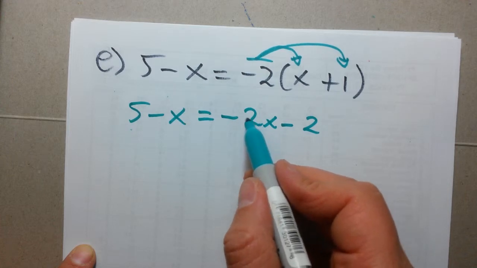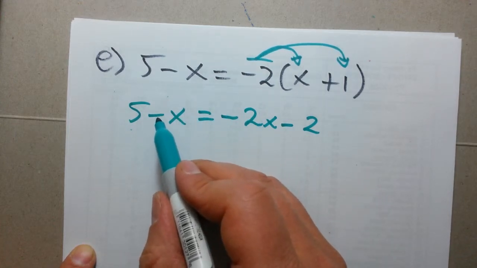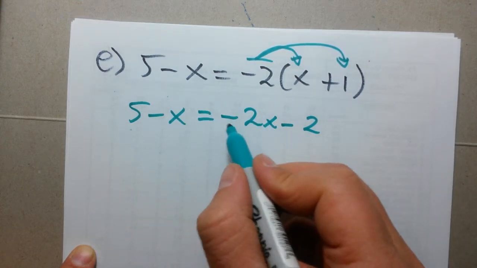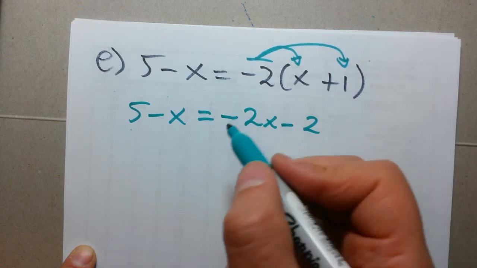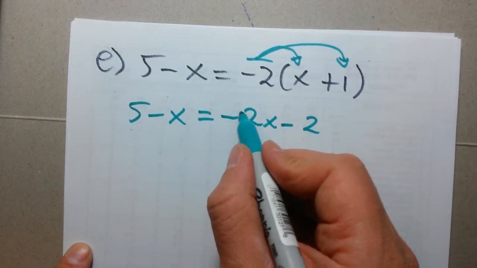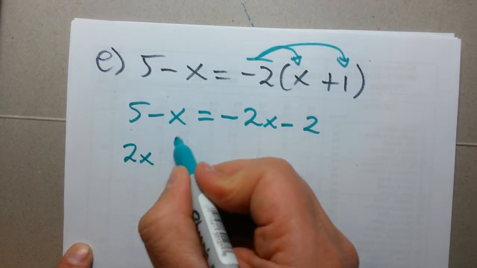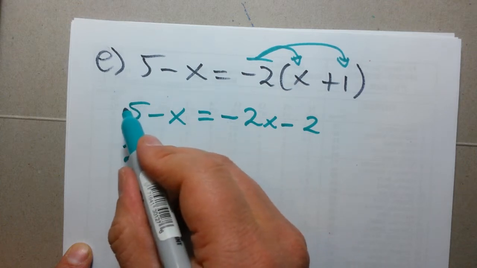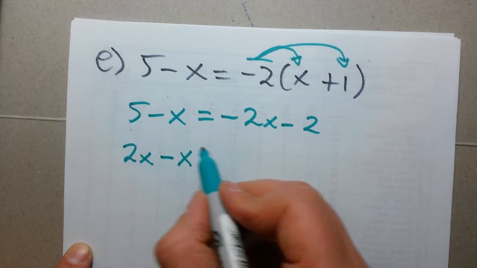Let's start moving all the x's to one side of the equal sign. Let's leave them on the left side. By the way, you can also leave them on the right side, but if you want to be consistent, I prefer the left side. Negative 2x moves to the other side, it becomes positive 2x. We keep the negative x there. You have a plus 5 here, when it moves to the other side it becomes minus 5.